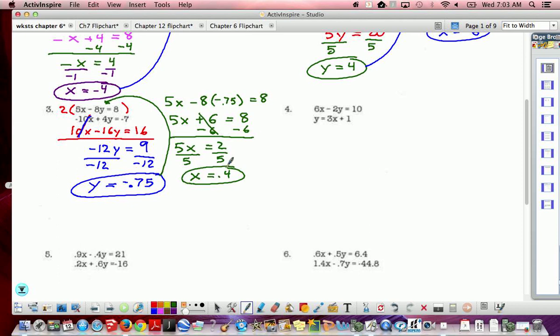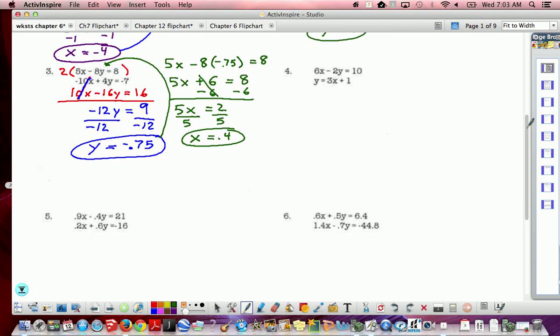So one of the things I'm going to do with this one is, since I got some different answers, I'm going to check just to make sure my answers work. So when I plug it in the first one, 5 times 0.4 is 2. Negative 8 times negative 0.75 was 6. Hang on here.